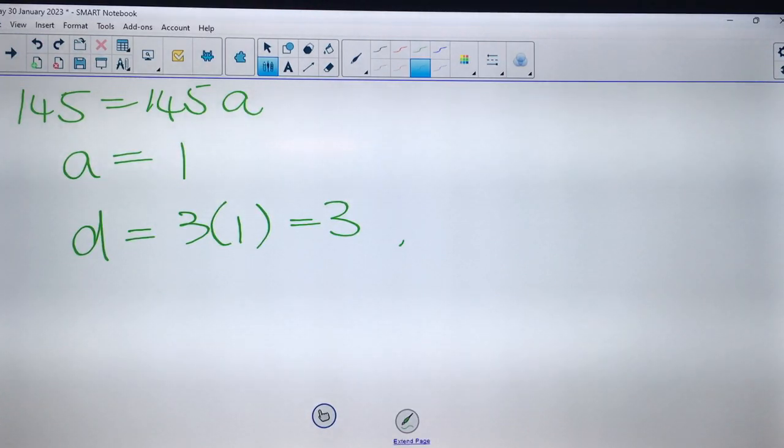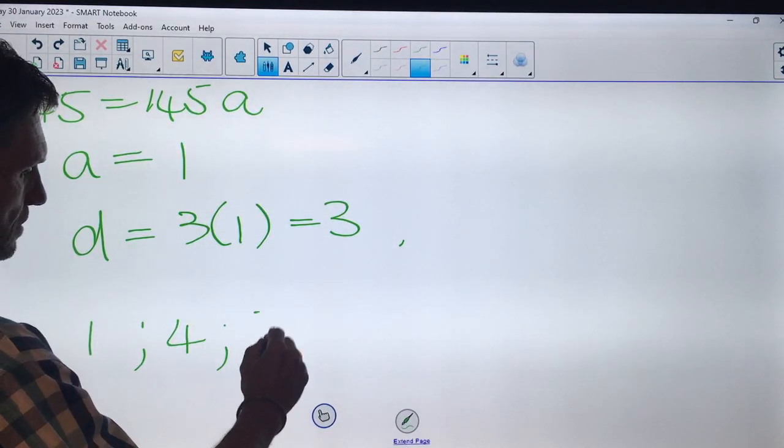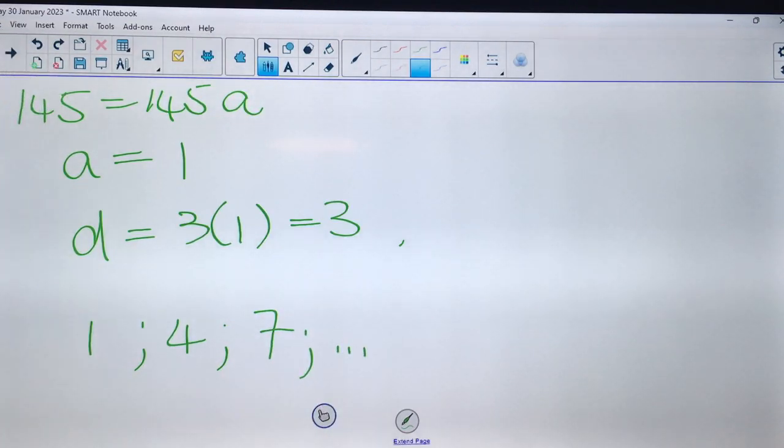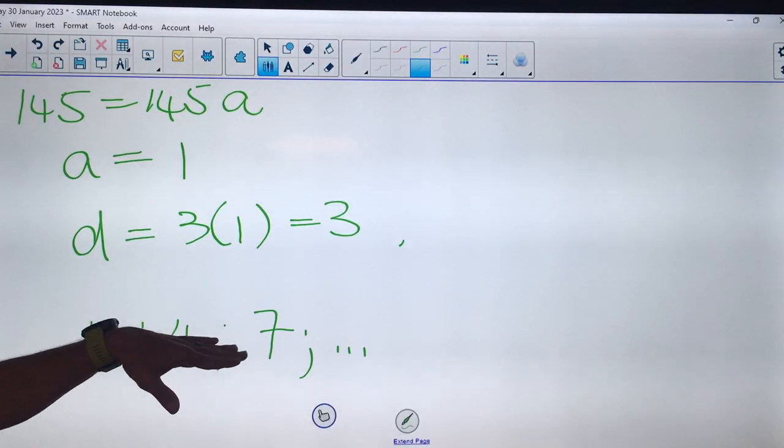So what is the first term? 1. What's the second term? 4. And? 7. Okay, there we go. So that's basically using the formula Tn equals A plus (n minus 1)D.